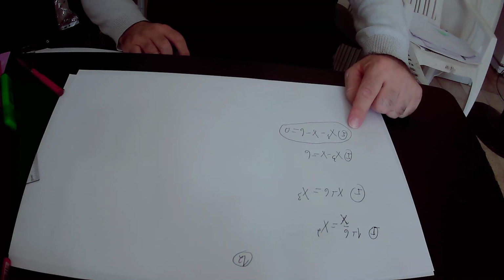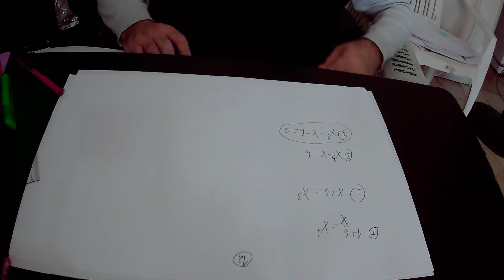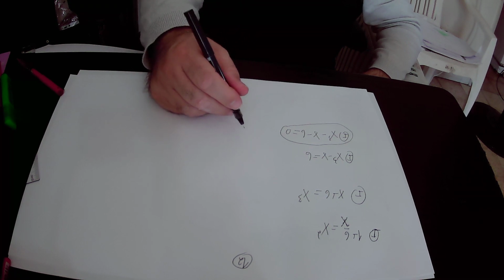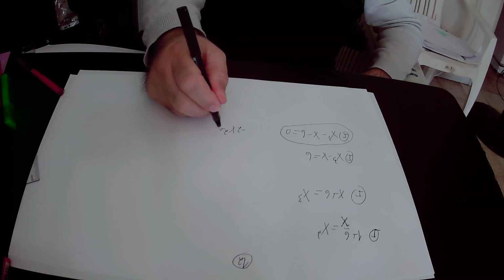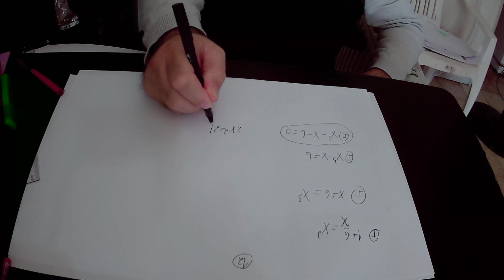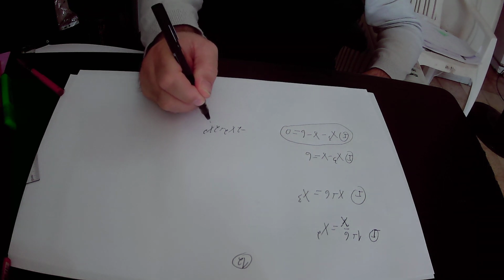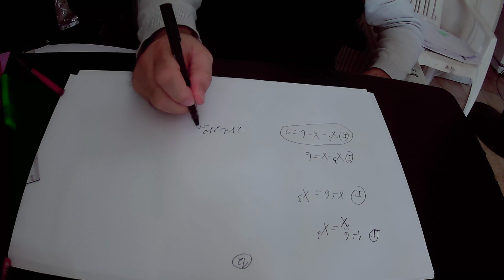Here we will add 2x squared to equation number 1, and then subtract 2x squared. Okay, minus 2x squared plus 2x squared equals 0.